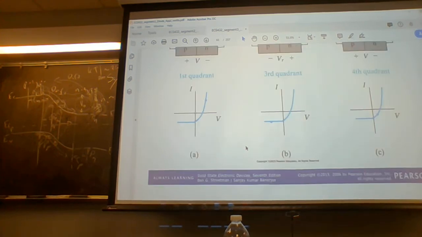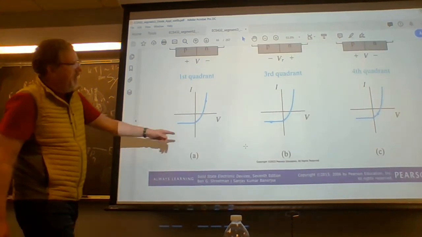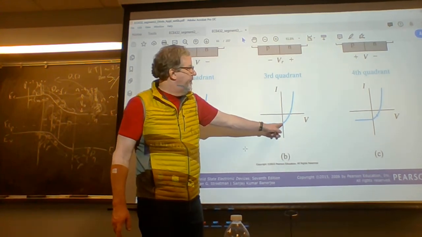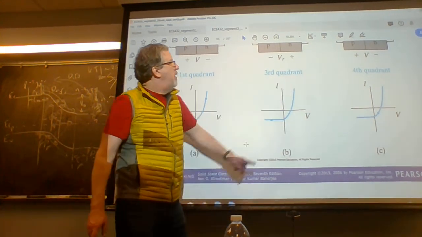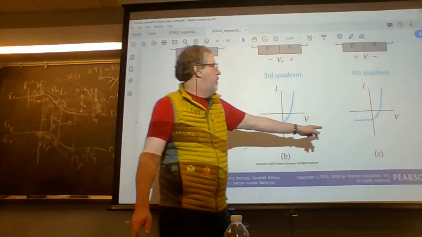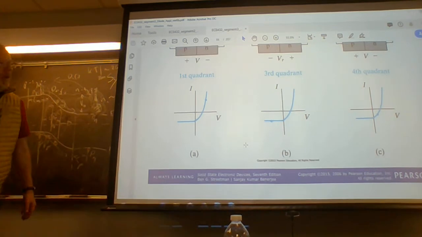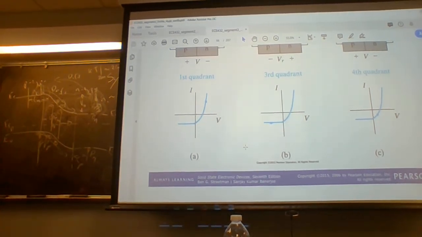and so then it pulls down, and you end up with an open circuit voltage and a short circuit current in the fourth quadrant, I guess, but it doesn't matter. I'm pointing to the fourth quadrant, and so that acts as a solar cell.